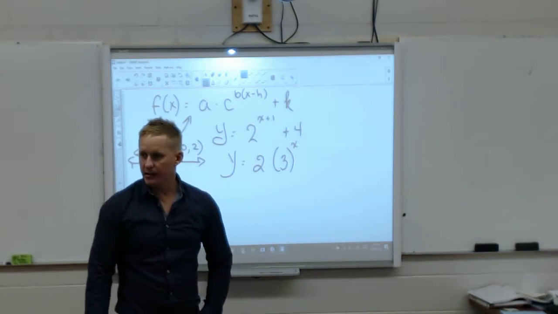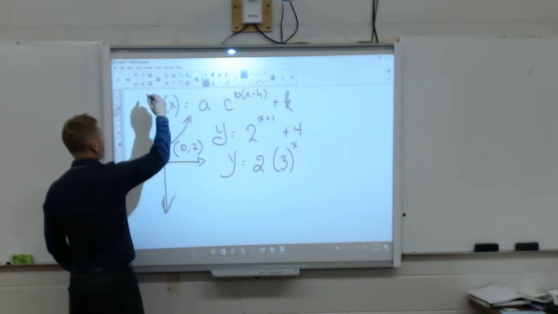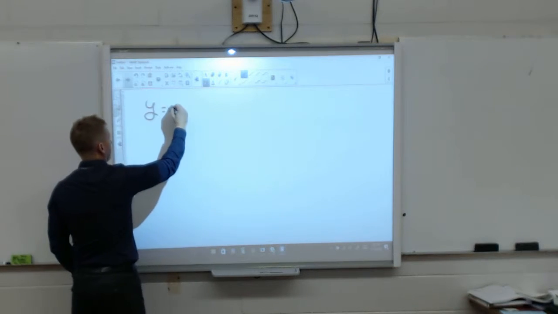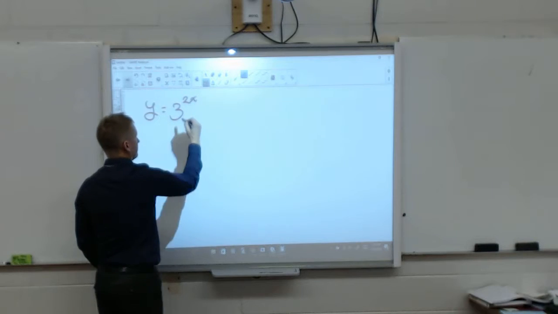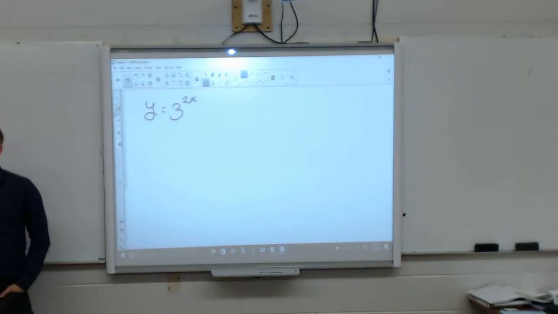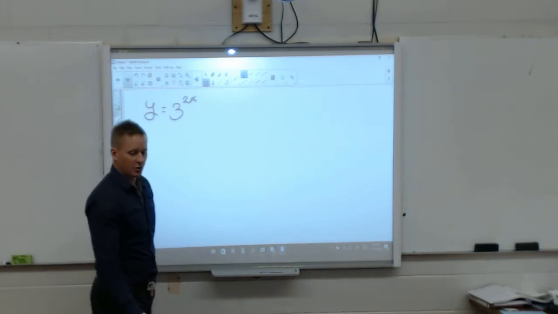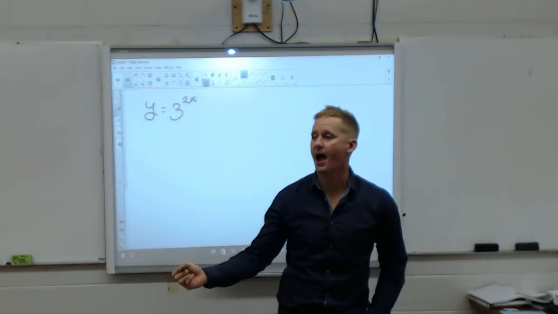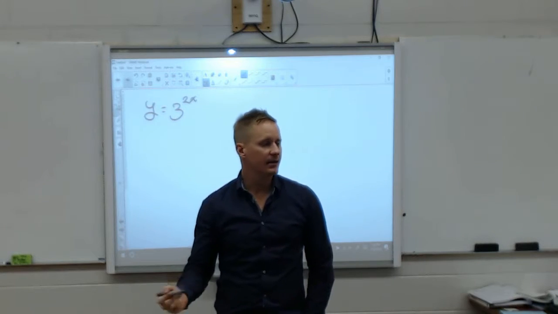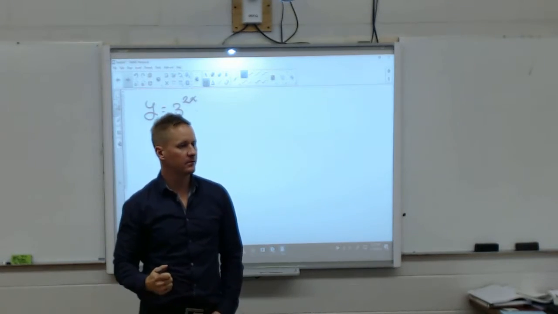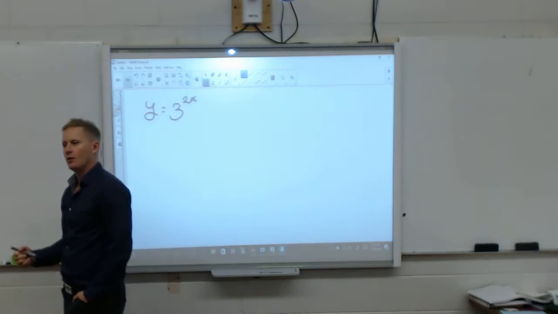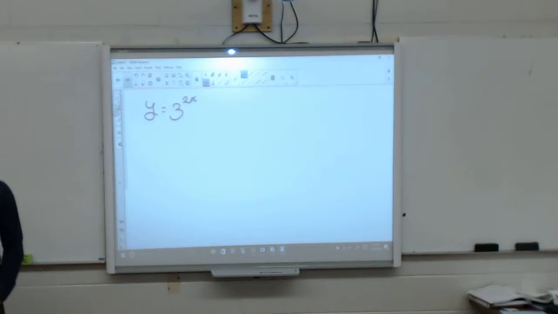Y equals 3 to the 2x. Yeah, right. So it's a horizontal stretch by a factor of a half. Okay? Does it affect my y-intercept? No, because my y-intercept is 0 and 1, right?